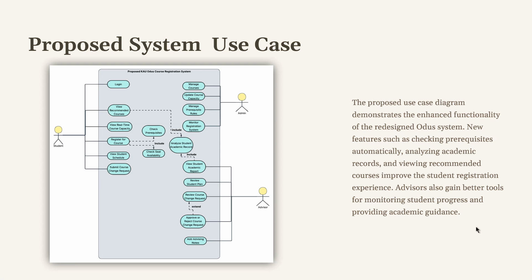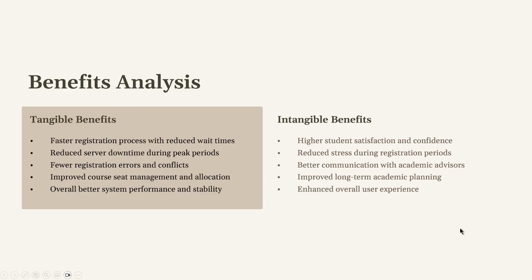We'll go on to the next slide, which is our benefit analysis. We have tangible benefits, which are a faster registration process with reduced wait time, reduced server downtime during peak periods, fewer registration errors and conflicts, improved course seat management and allocation, and overall better system performance and stability.